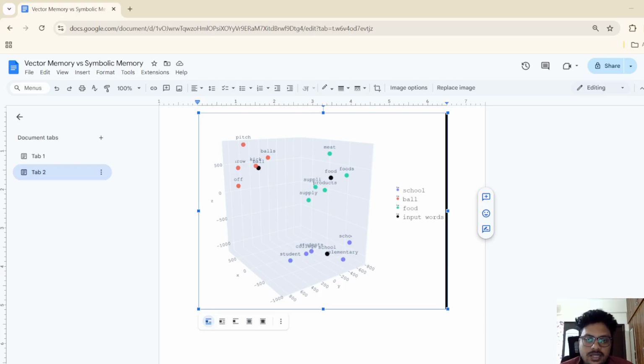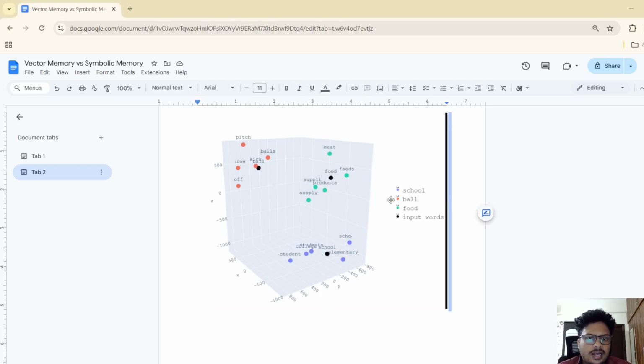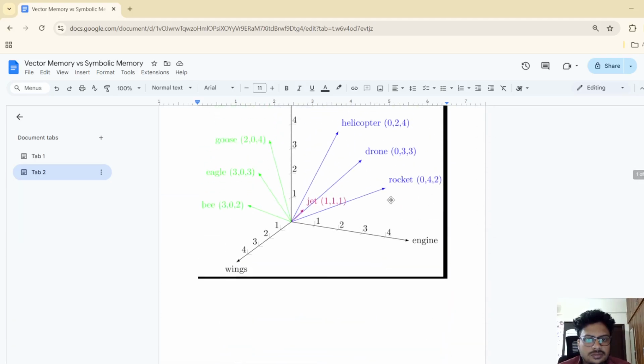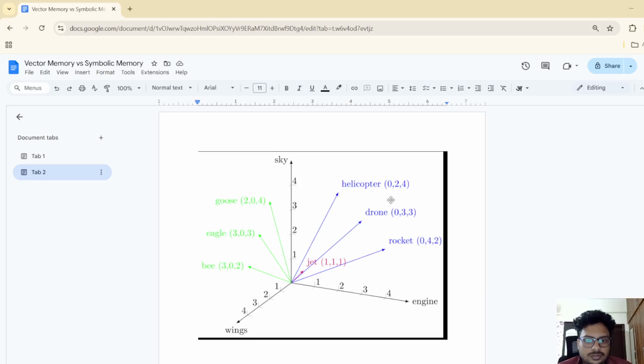Suppose here we can see in the photo, you can see helicopter and drone and rocket, which are very near.